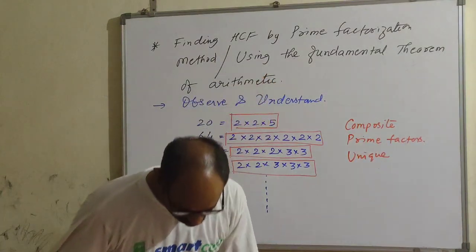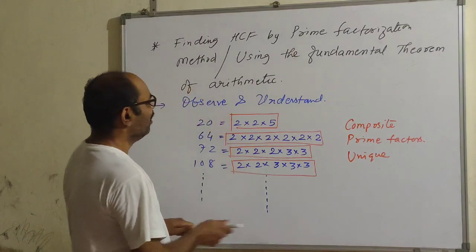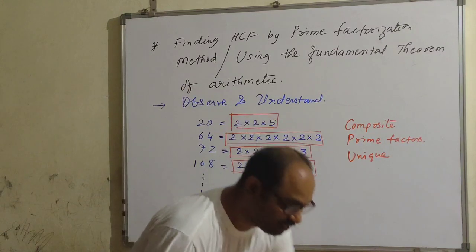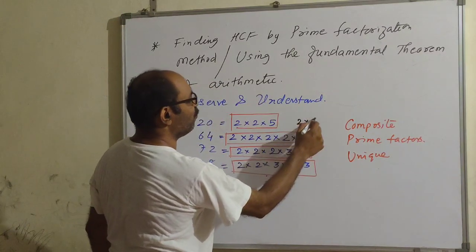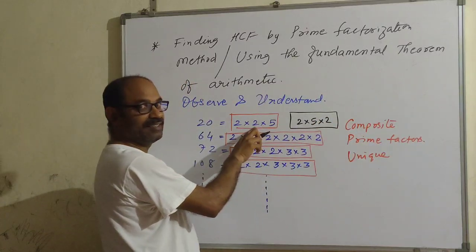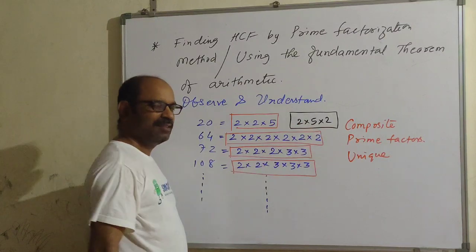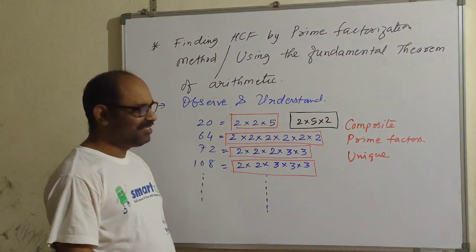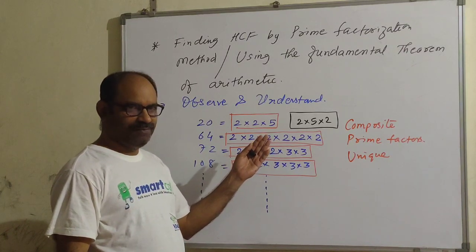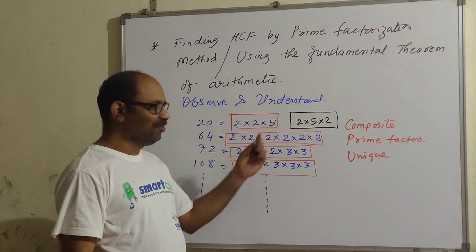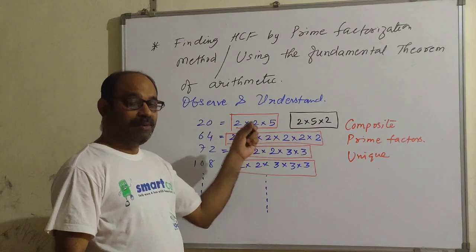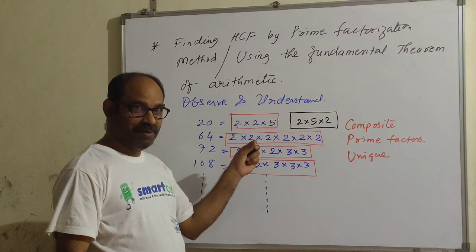Correct? Now, one more thing you see. Instead of 2 into 2 into 2, if someone writes 2 into 5 into 2, are the prime factors in the red box and the black box the same or different? Same. It doesn't make any difference. Can you tell me which property of real numbers is used here? The order is changed. Commutative, associative properties, if you remember.